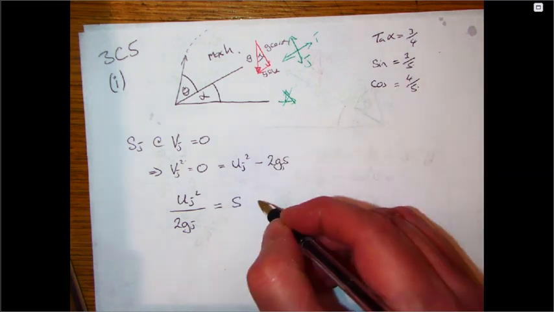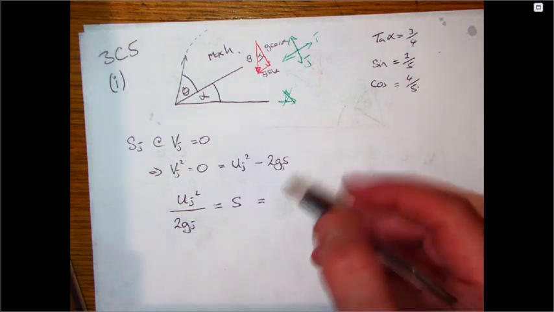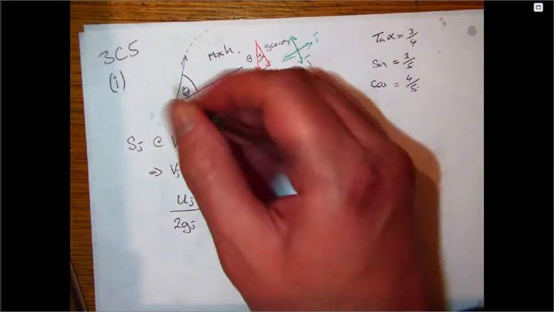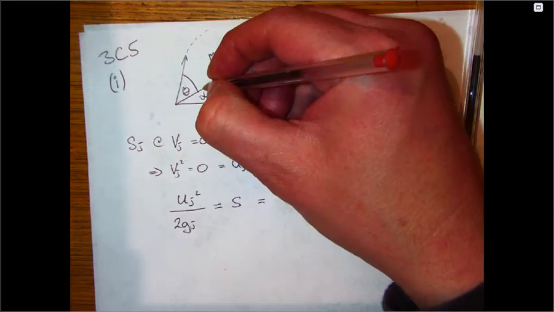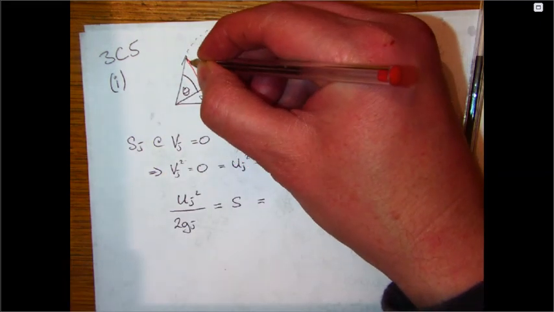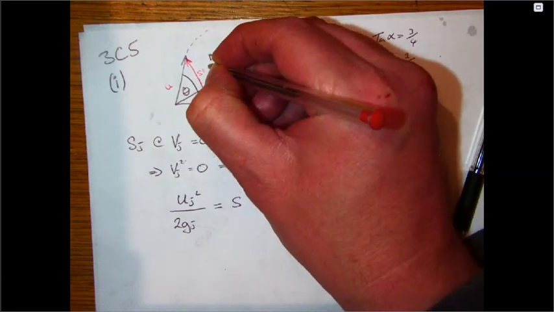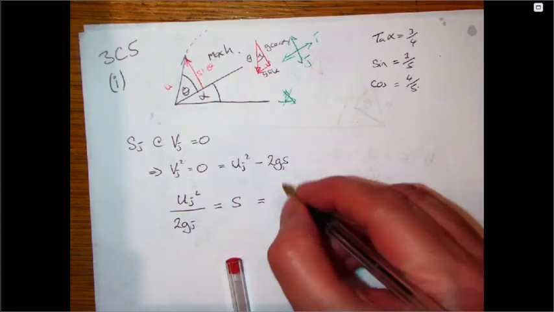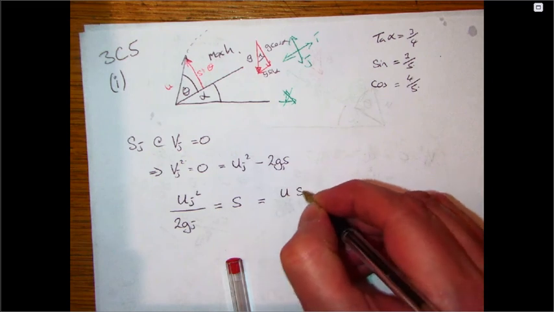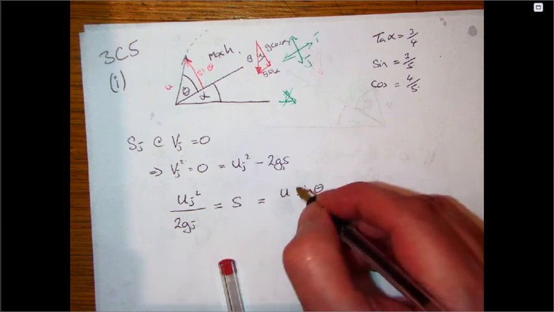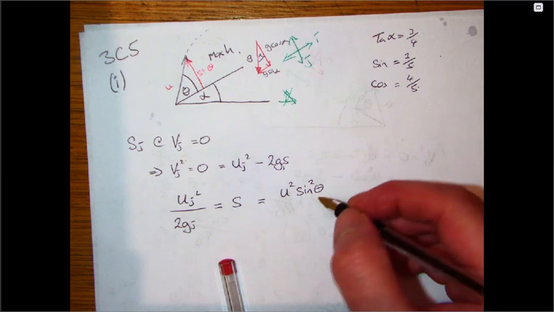You agree with that? So now, what's u of j? u of j is this bit here. So it's u times sine theta. Now it's all squared, so that's u squared sine squared theta.